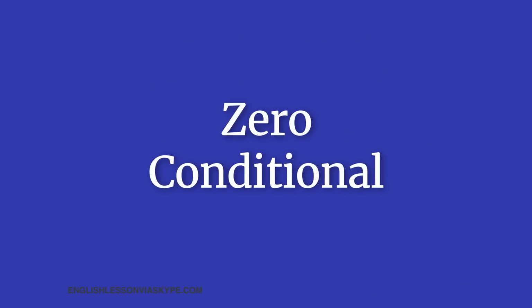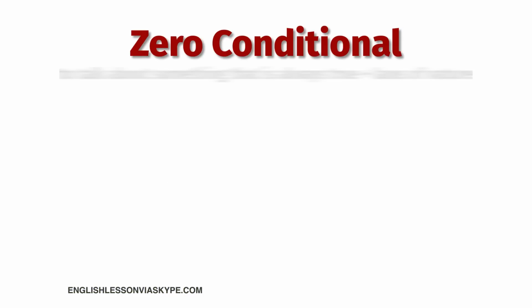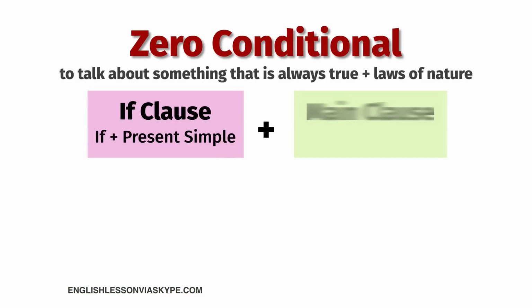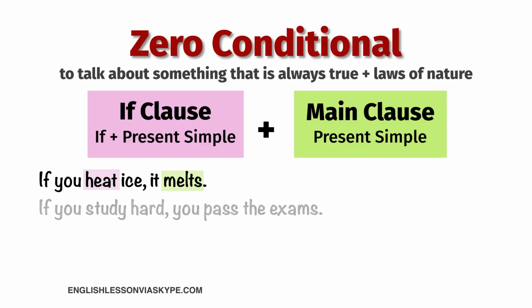Okay, let's start with the zero conditional. The structure of the zero conditional is that we use it to talk about something that's always true or something about the laws of nature. Let me give you some examples. If you heat ice, it melts. Simple fact. If you heat ice, it turns to water. It melts.